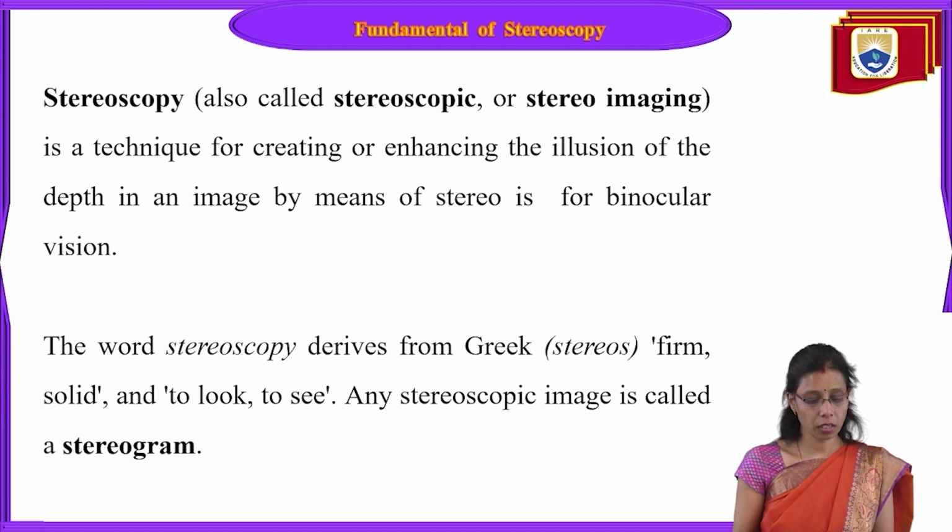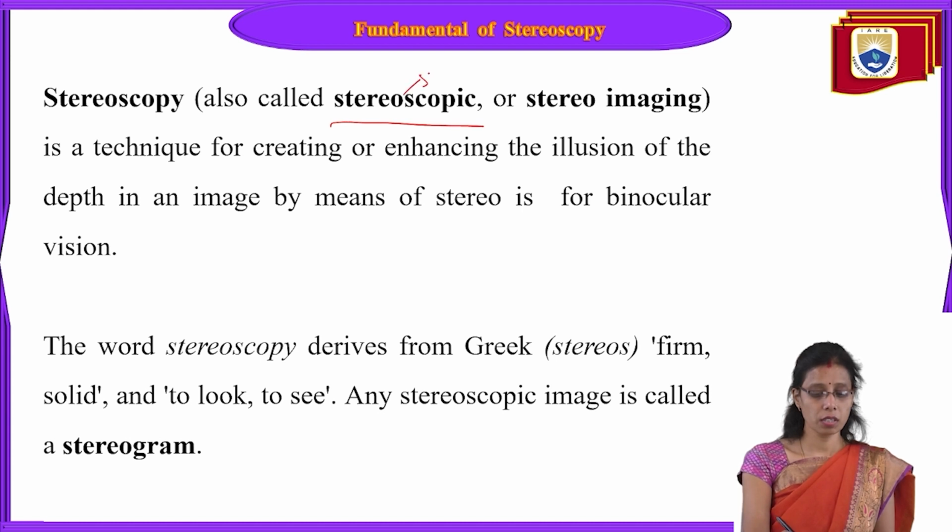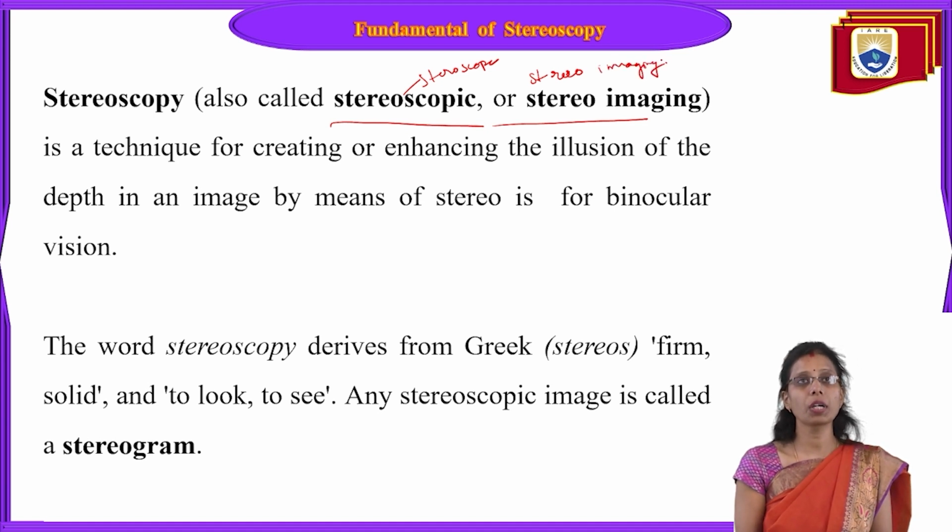Now, stereoscopy is also called stereoscopic or stereo imaging. We use a stereoscope, or we call it stereo imaging also. Stereo means one pair, one series of photos; a stereo pair means where we can see overlapping areas.